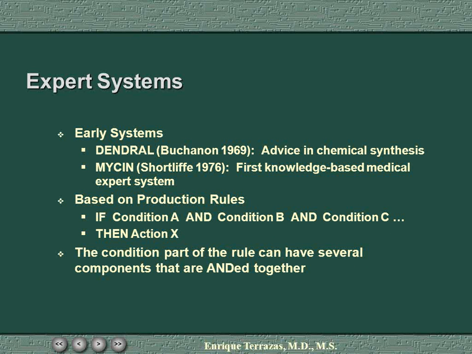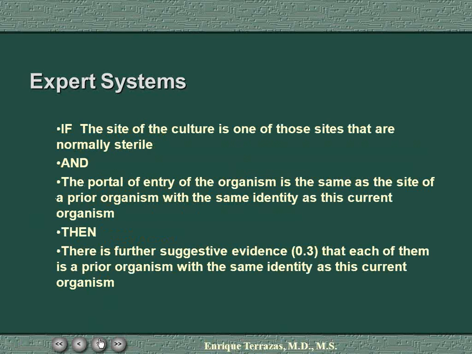So you really have to have an expert who can regurgitate how they go about diagnosing a case or approaching a case, and they have to regurgitate it in a way that you can then model it as a computer program. The rules can have as many conditions tested as you need.